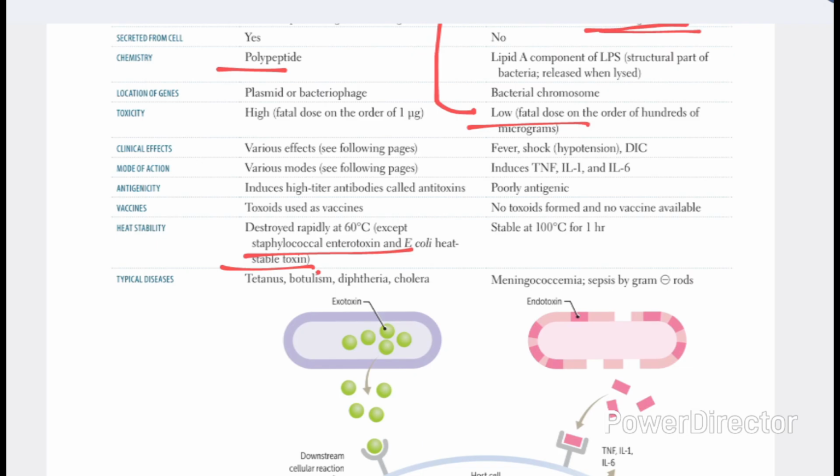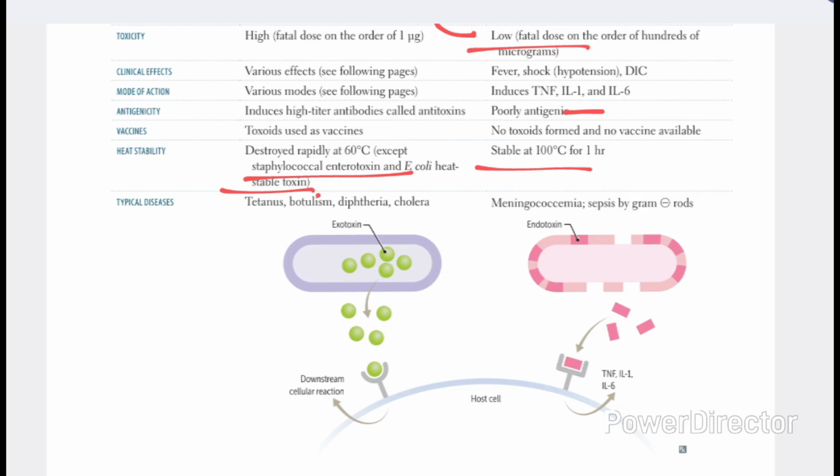They are poorly antigenic, so toxoids are not formed and there is no vaccine available. These endotoxins can remain stable at 100 degrees centigrade for 1 hour. Typical diseases caused by endotoxins include meningococcemia and sepsis by various gram-negative organisms.